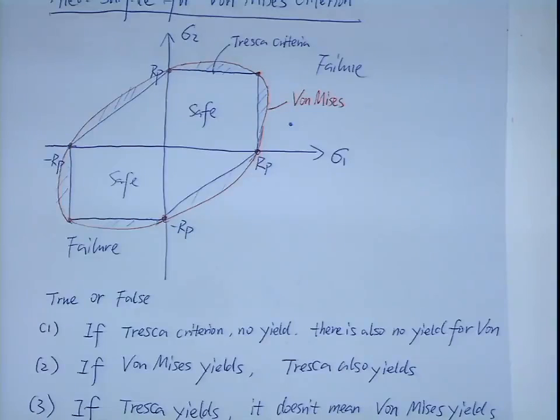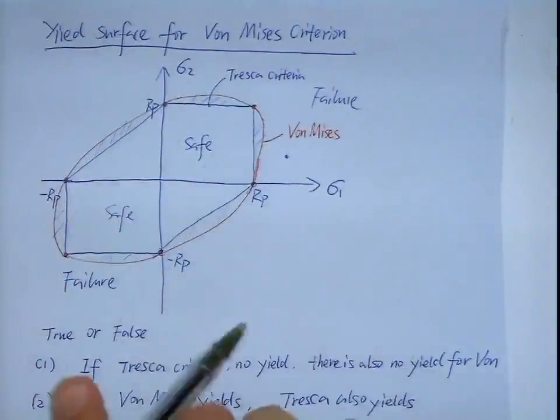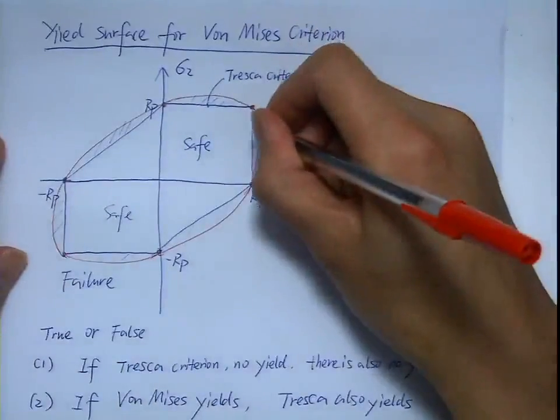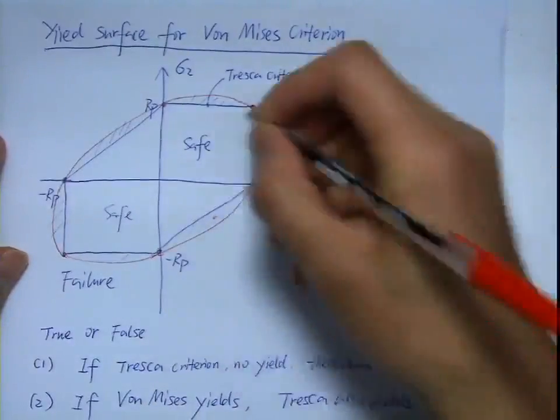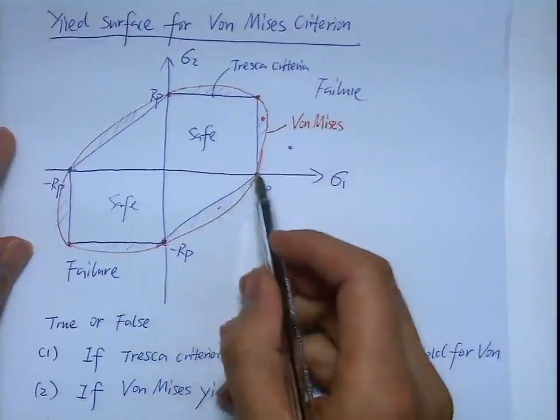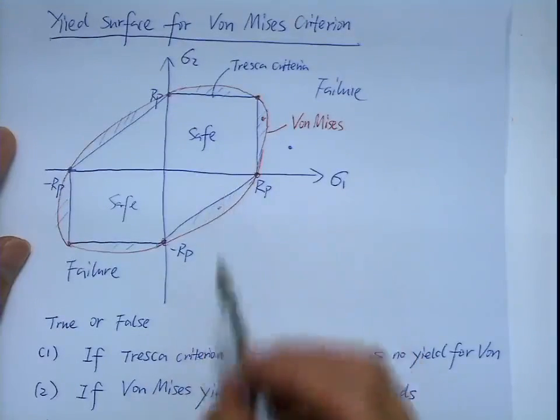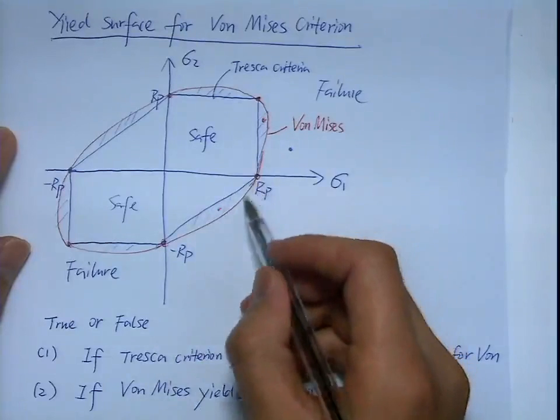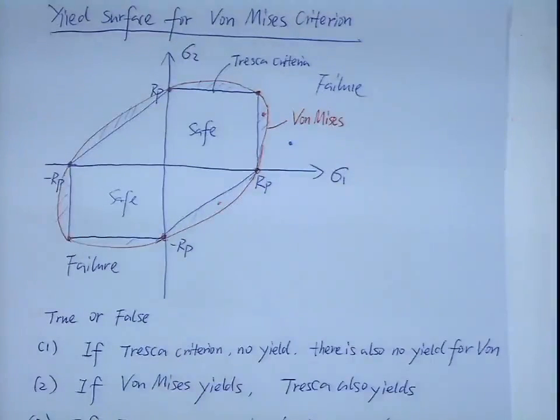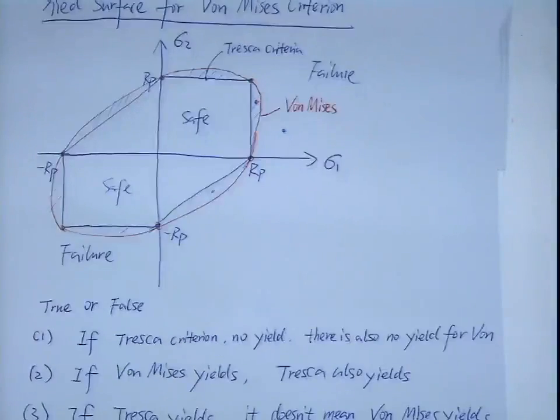True. Because if you look at some points, like the dashed point here, it is outside the Tresca yield surface, meaning it yields for Tresca, but for Von Mises it's still within the yield surface, so it doesn't yield for Von Mises.